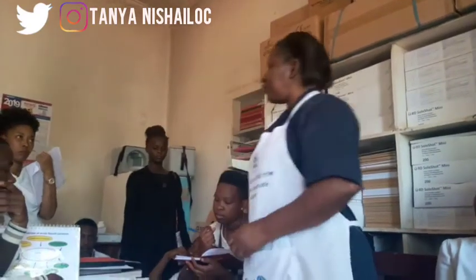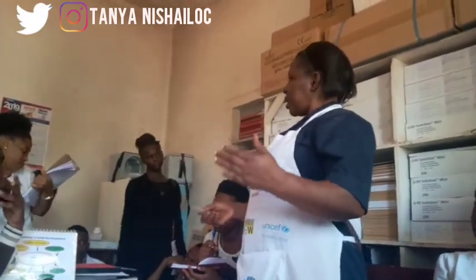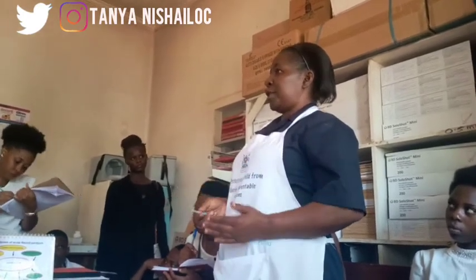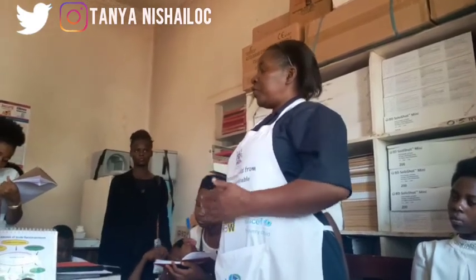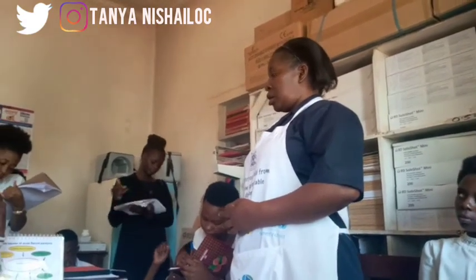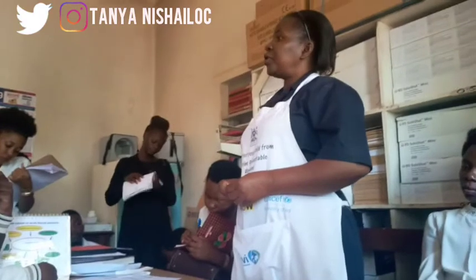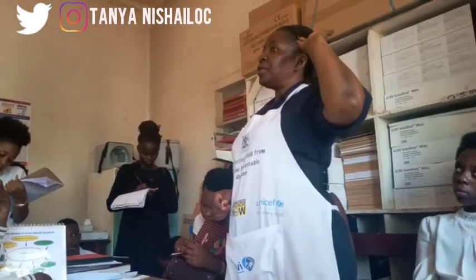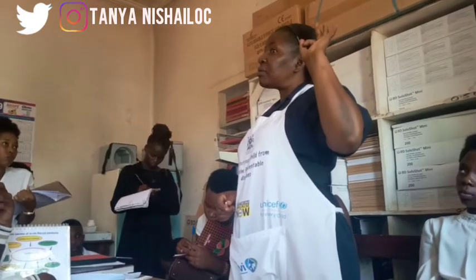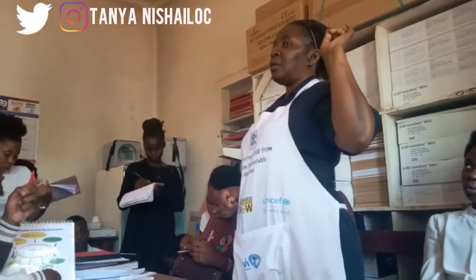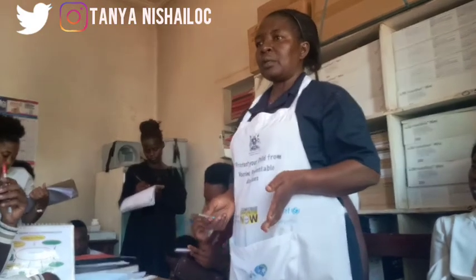So we are now at 14 weeks. We also have inactivated polio vaccine, which we give at 14 weeks. So when the baby comes at 14 weeks, we are going to give 3 injections. We mentioned something about the sites where we give 2 injections on one site.